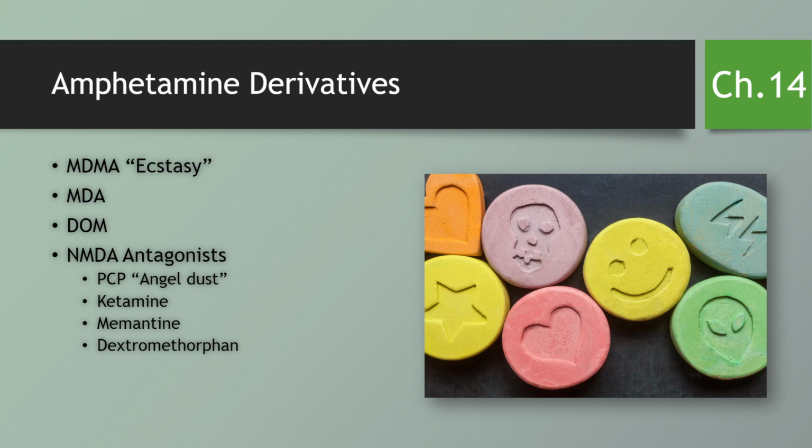It has a similar mechanism of action to NMDA by actually affecting the glutamate receptor. Some effects of PCP can be quite severe, but work slightly differently than some of these other drugs. Then we have ketamine.